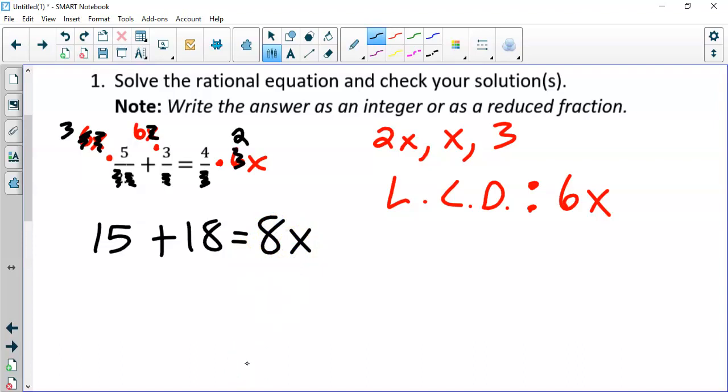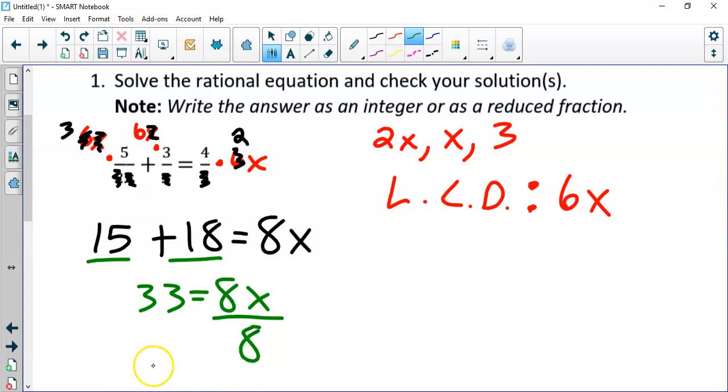Now this is a whole heck of a lot easier to deal with than what we had a moment ago. So what are we going to do? Yeah, put these two like terms together. What is 15 plus 18? 33. Okay, I trust you. Equals 8x. Now what? Yes.